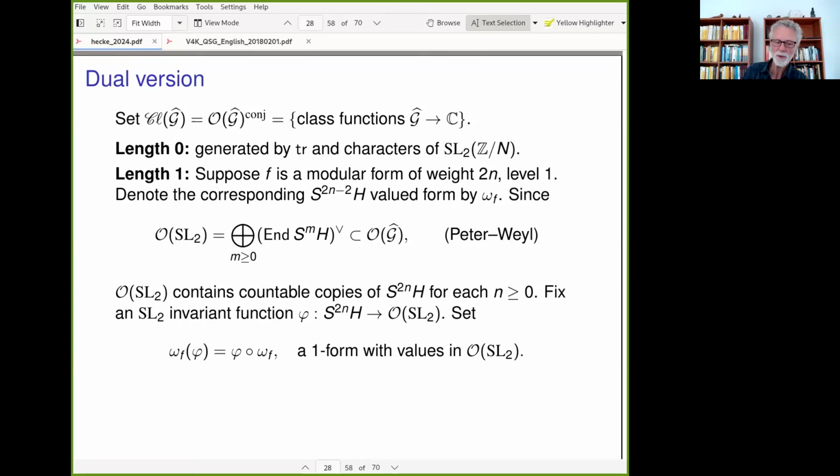So choose any copy of S^2n. Yeah, I should have S^(2n-2) here, another typo.